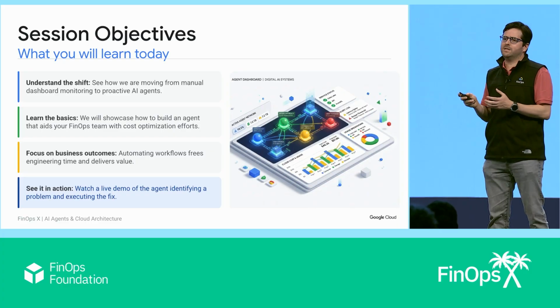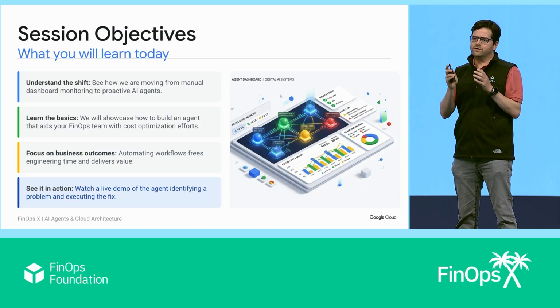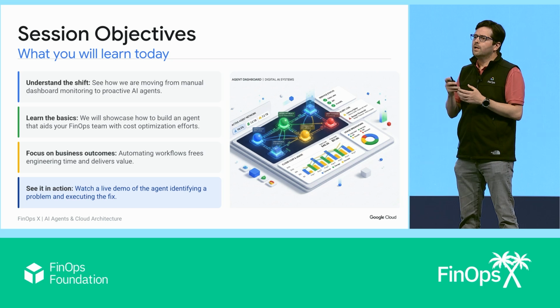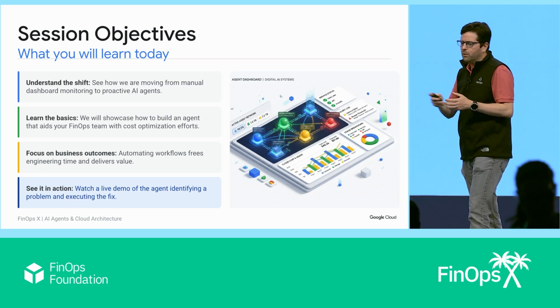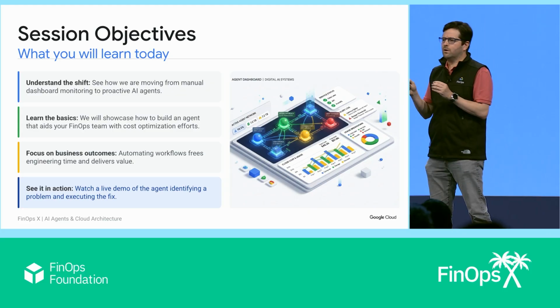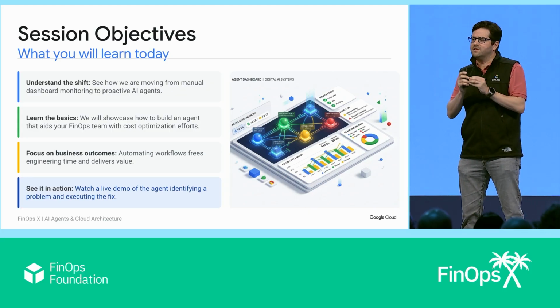We will go through the basics. David will show us how you can use Gemini models, the Gemini Enterprise solution, to build that workflow that end-to-end can help with the cost optimization. But we will be focusing on business outcomes. As I said, we just looked at one sliver. This is a framework.